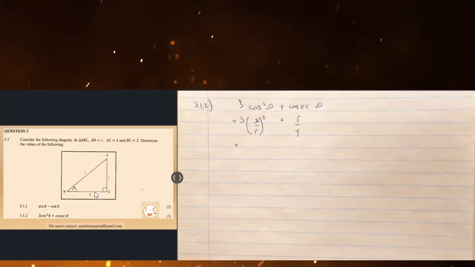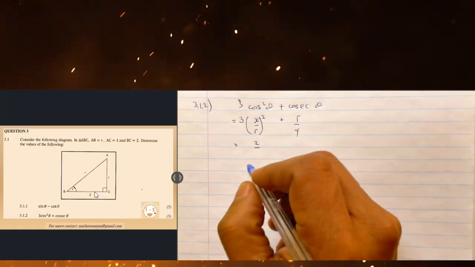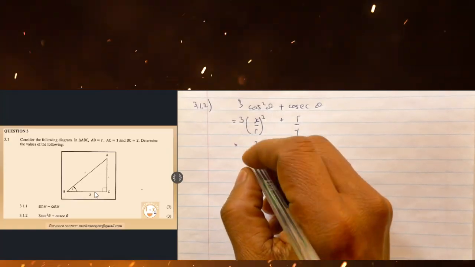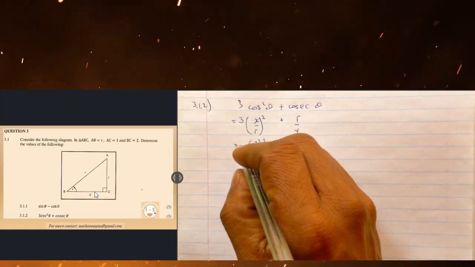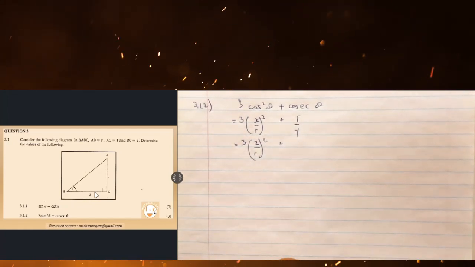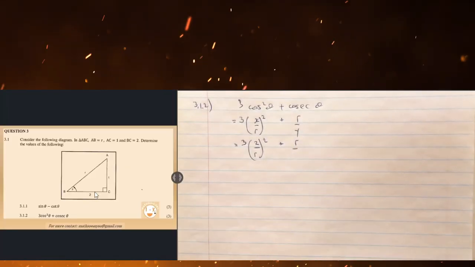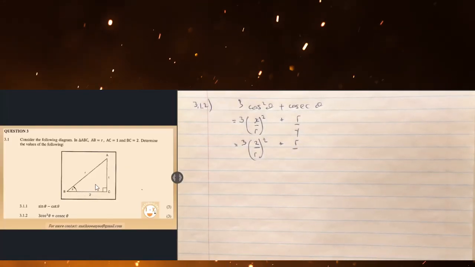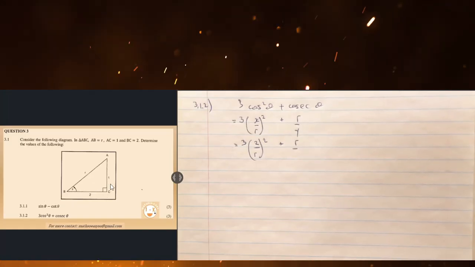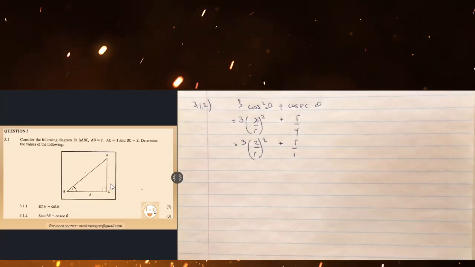So we are going to have a 2 over r. Then we square, and we don't forget our 3. Then on this side we're going to have our r again, and opposite is 1 once more. So it is like that. Alrighty.